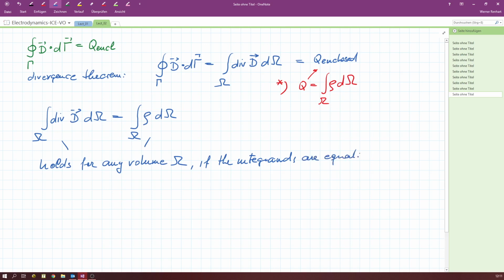This equality is very, very important. So this means the integrands must equal each other, and this leads to the divergence of D equals the volumic charge density rho.